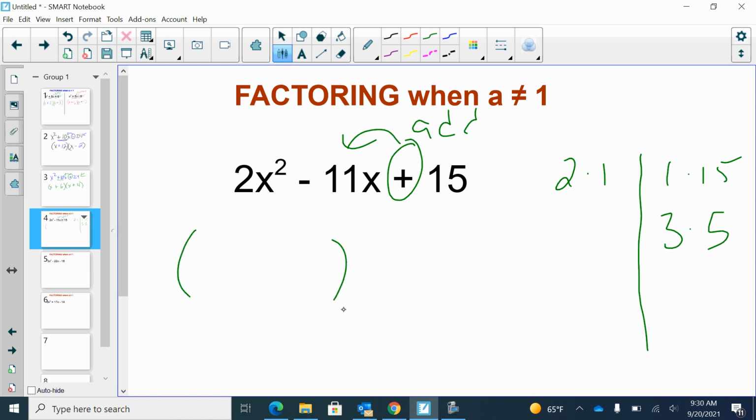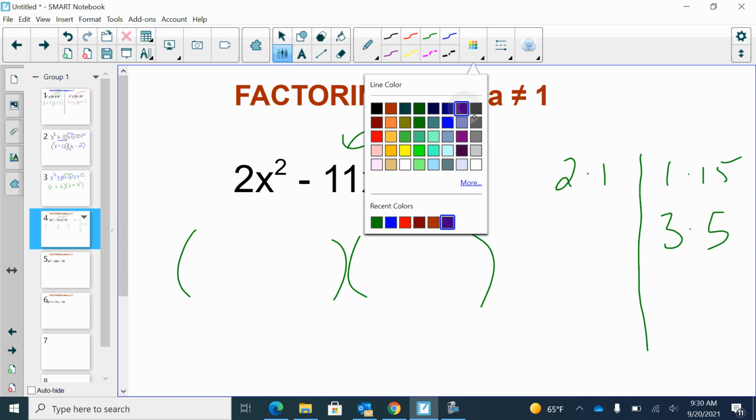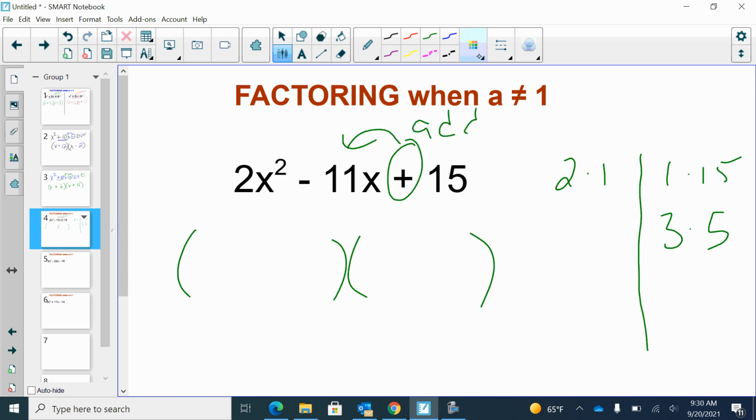So let's look. Our goal is to add to get 11. So let's see, how can I set this up? 2 times 1 is 2, 1 times 15. So I got 2 and 1. That gives me a 2 and a 15. Does that add to get 11? Nope.